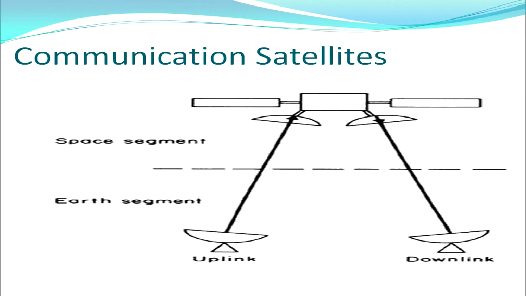The satellite amplifies it and broadcasts it down to the earth, where the receivers tuned to the frequency receive the signals. So, this is a very widely used communication medium for transmitting data throughout the globe.